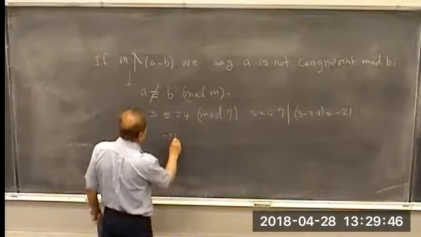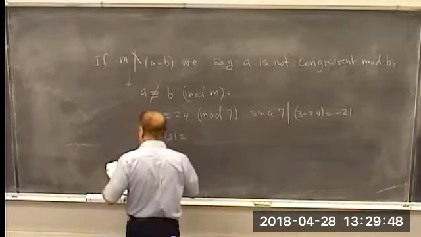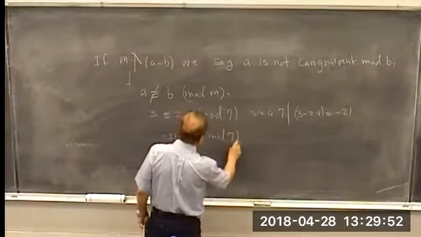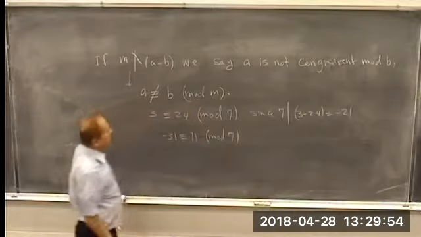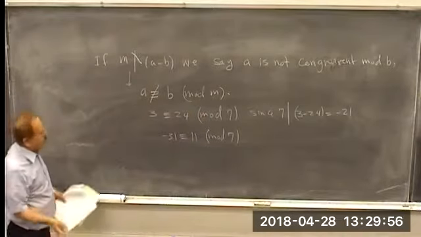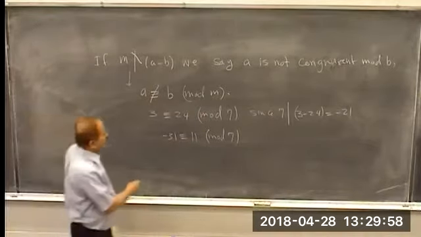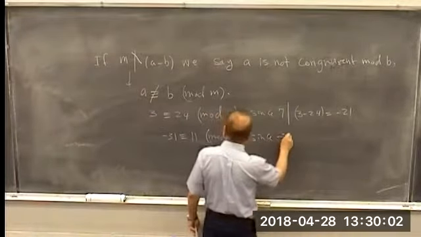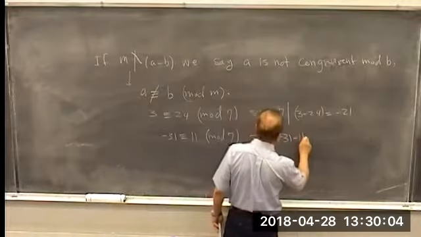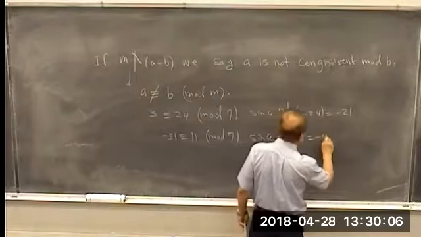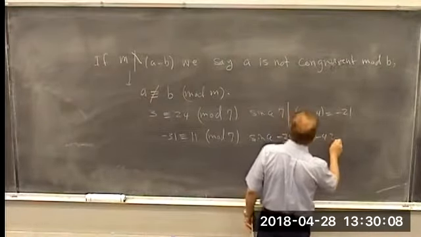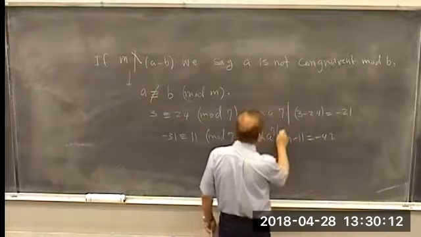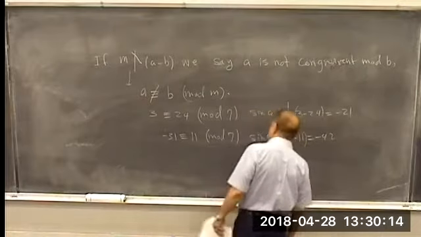Negative 31 is congruent to, for example, 11 mod 7. So the numbers we take to be congruent could be positive, negative, 0, and so on. In this case, negative 31 minus 11 is negative 42, and 7 divides that.